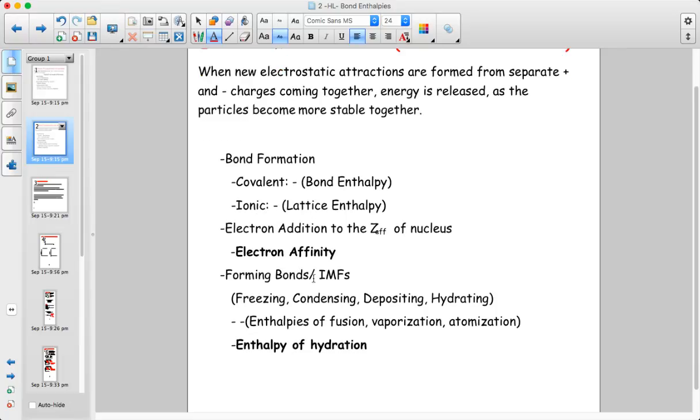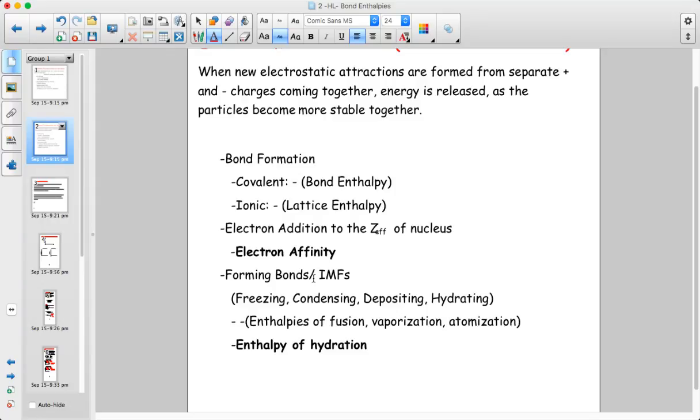If you add electrons to atoms, if you give an extra electron to an atom, it will release energy as it absorbs and attracts in that electron to the atom. And that's actually called the electron affinity. It's another one that we looked at during the periodic trends unit. Forming bonds or forming attractions like IMFs also is exothermic.